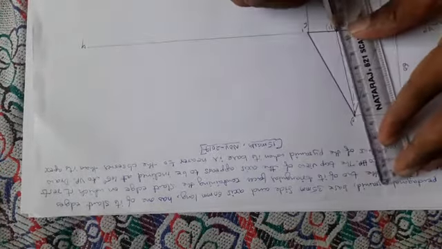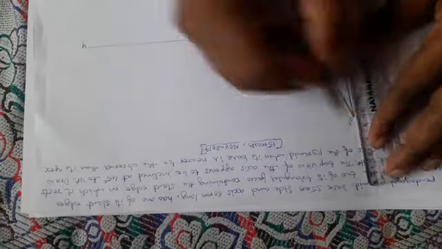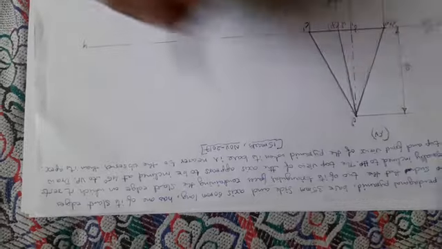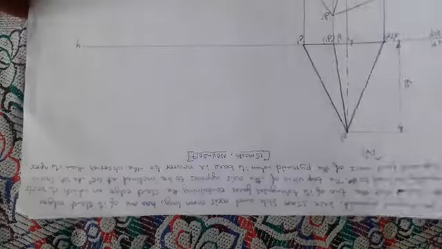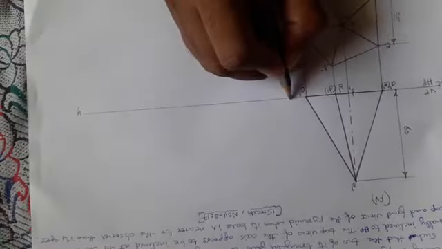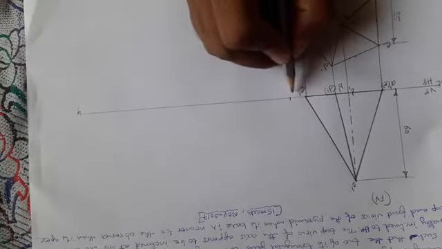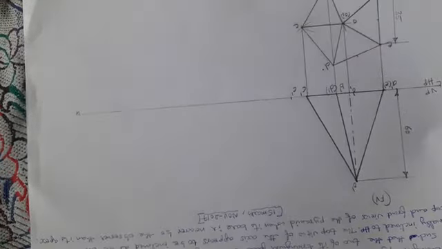It is a dark line required to draw. Now I am going to make a point. So this point is C1.